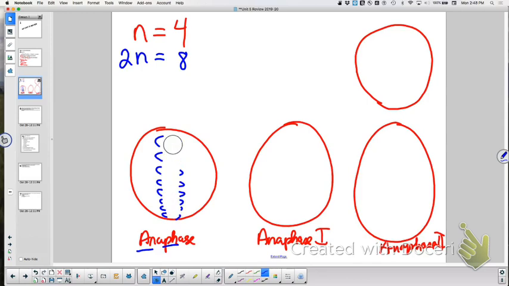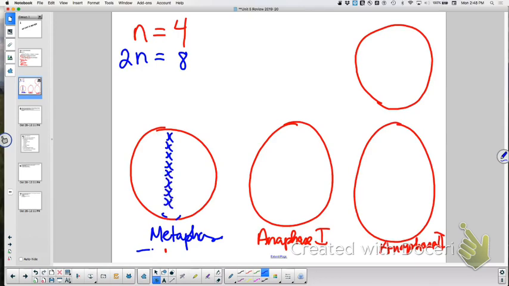It might be easier if I showed you a metaphase. In metaphase, I would expect to see 1, 2, 3, 4, 5, 6, 7, 8. That would be a metaphase, right? Now, in anaphase 1, they would be different.